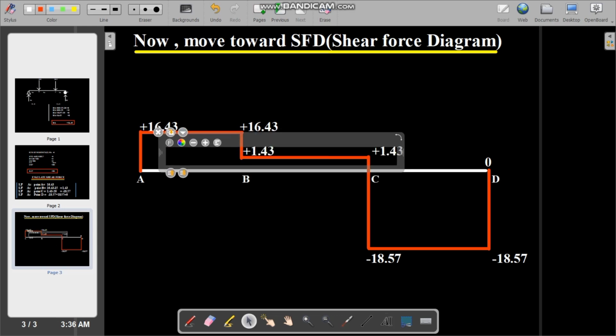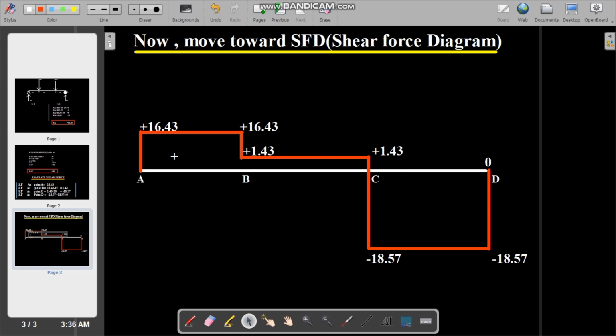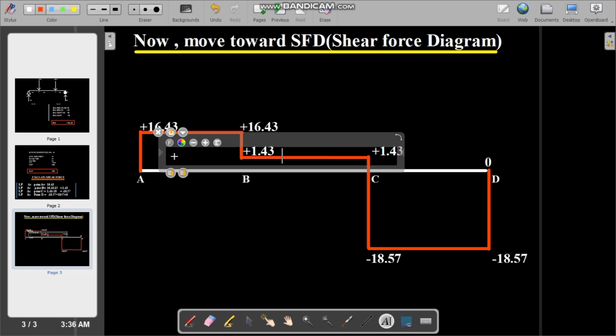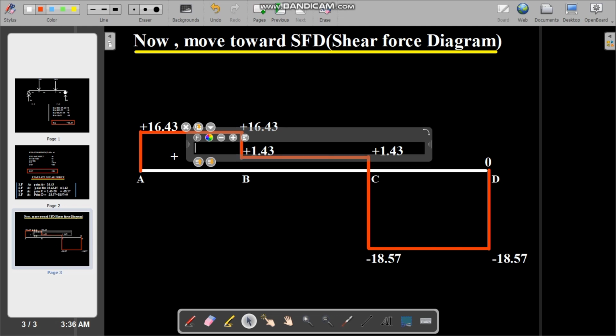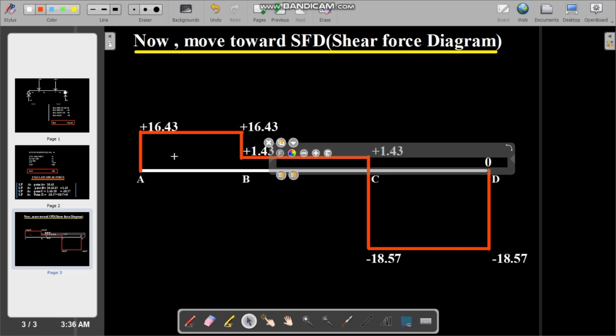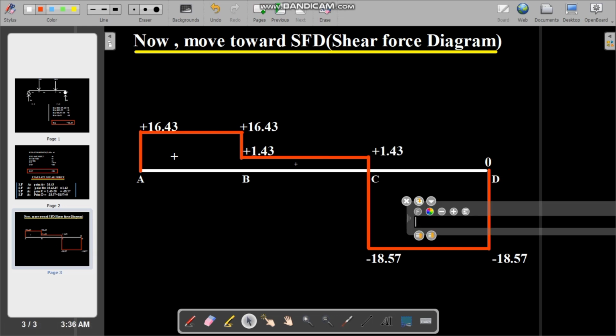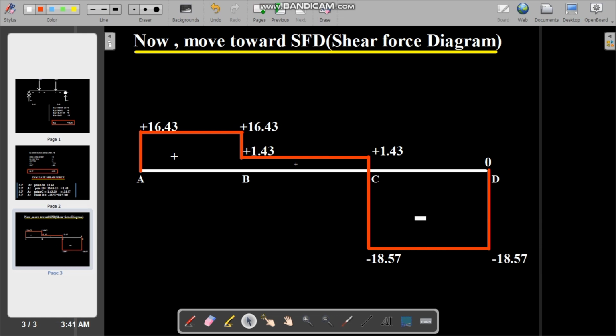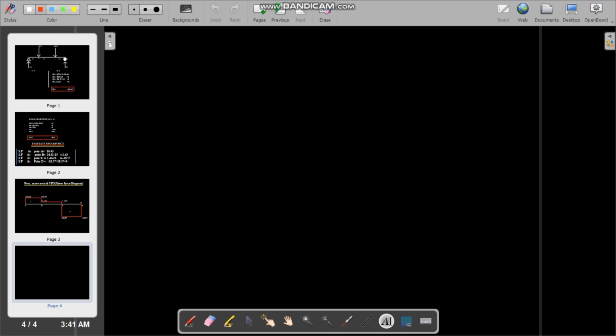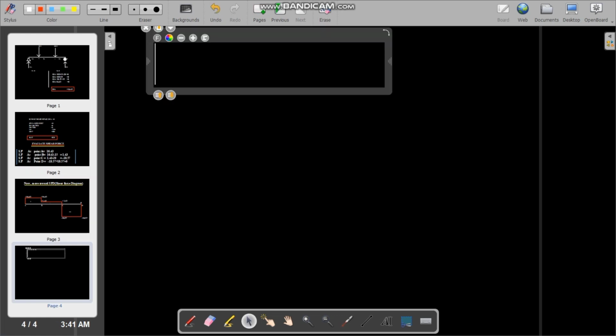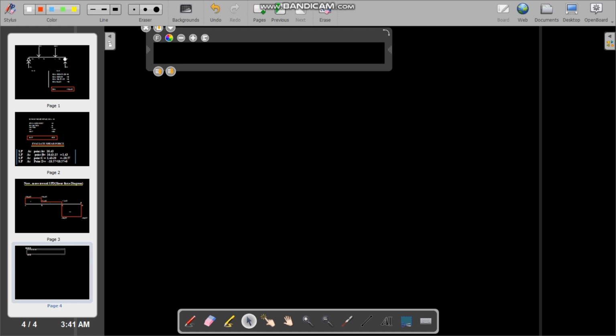You can understand easily how we can evaluate and write the shear force diagram. The first section is positive and the second is also positive, and the third one, from C to D, is negative, from the lower downward, and it's a minus sign. We just draw the minus sign here. That's the whole picture or diagram of the SFD, shear force diagram.